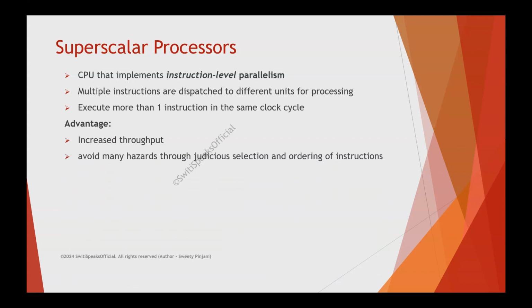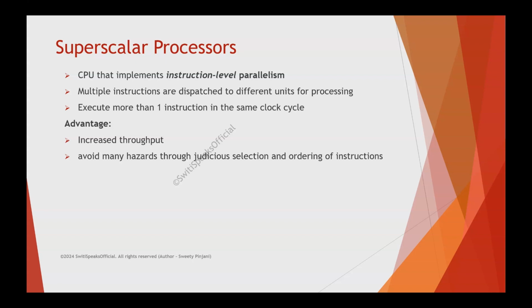Another thing which happens in a superscalar processor is that you can avoid a lot of hazards. If you go through the previous lectures, you will see a lecture on pipelining hazards where we discuss the different types of pipelining hazards, with examples and how to avoid them. What happens in a superscalar processor? We avoid these hazards through judicious selection.